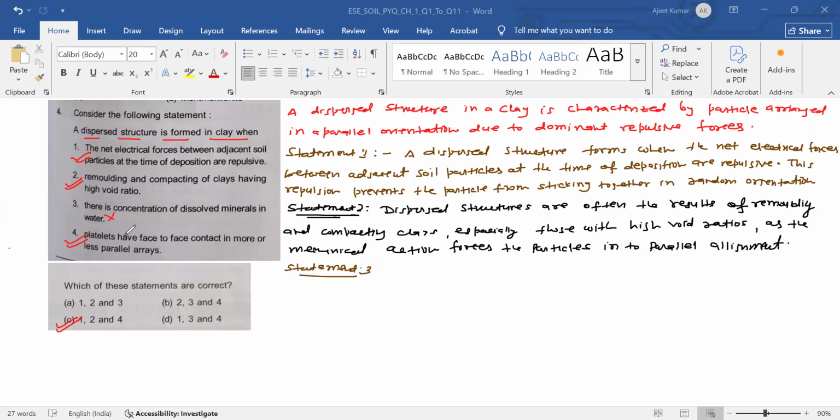Now what is statement 3? Statement 3 concerns the concentration of dissolved minerals in water. So this statement is wrong. Why?